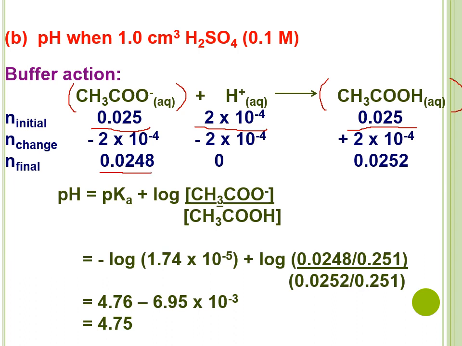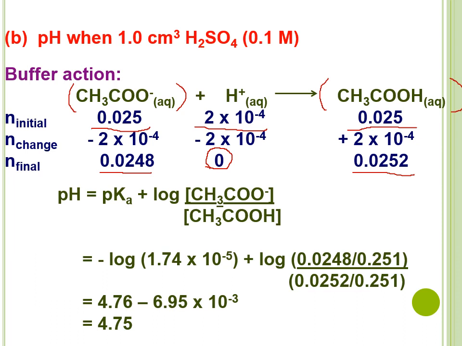H+ is going to be 0. The acetic acid is going to increase by 2 times 10 to the power of negative 4 to become 0.0252. This is the final number of moles for every substance.